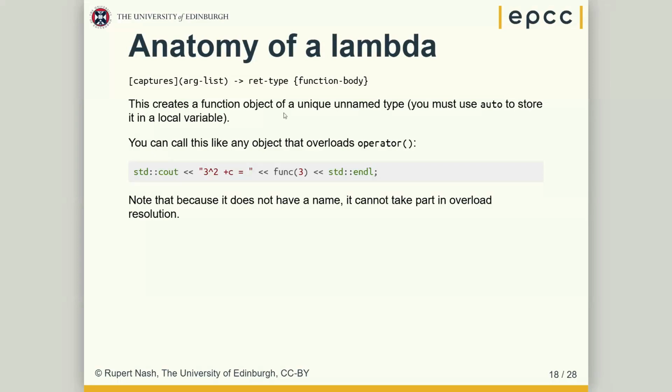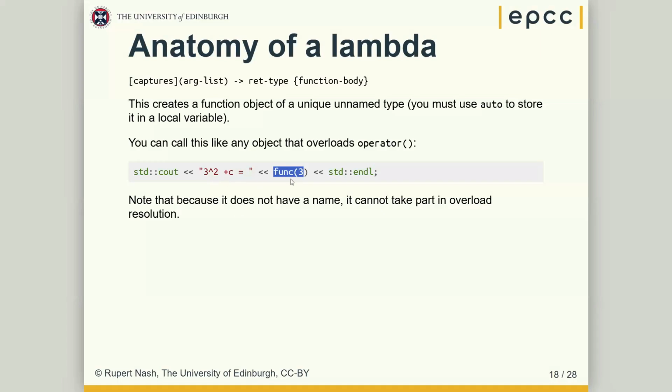Yeah, so we can call this like any object that overloads the standard function call operator. So here we could define this, bind it to something called func, and then we could just call it like this, and this could be a lambda. Because it doesn't have a name, it cannot take part in overload resolution, so you need to be careful about that.